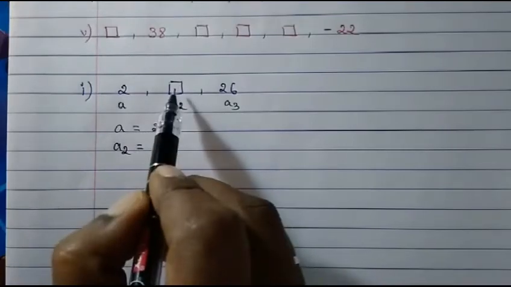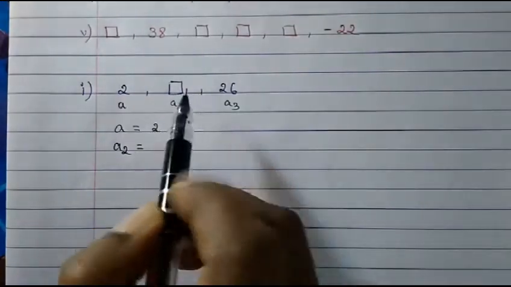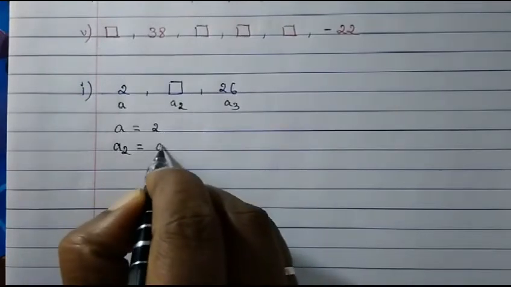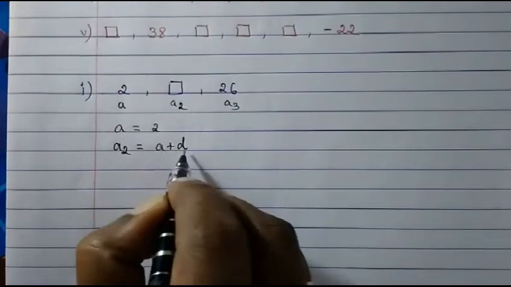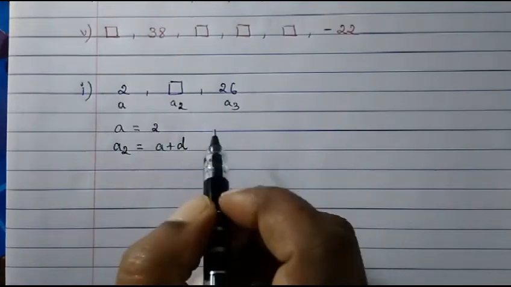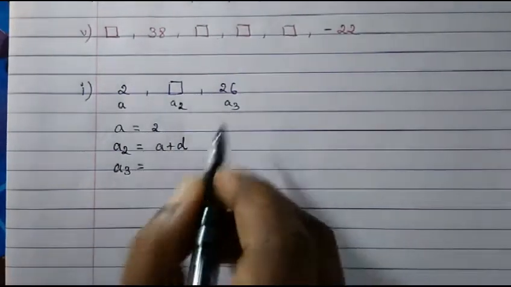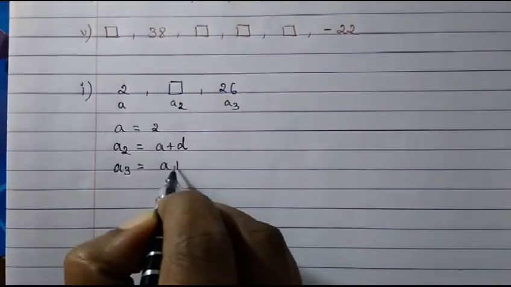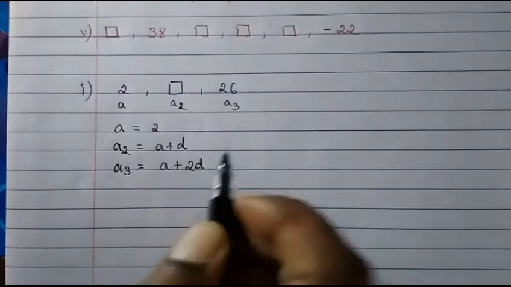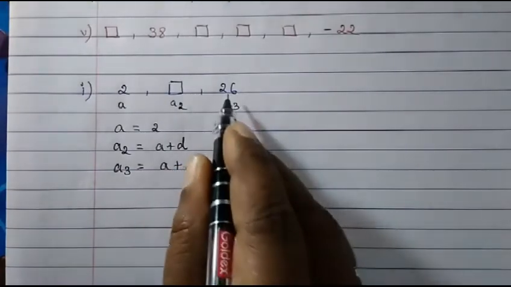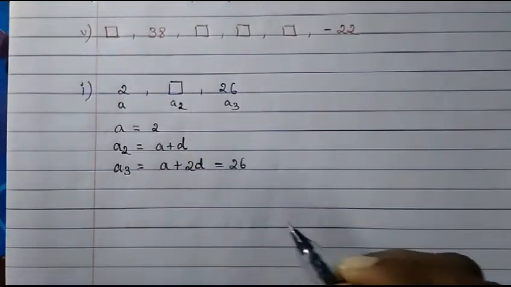The formula: we add the difference, whatever the difference may be. Here we cannot find the difference, but how do we get A2? A plus the common difference gives A2. Then A3 we get as A plus 2D, but A3 is already given to us, that is 26.